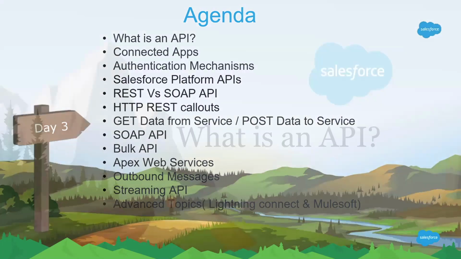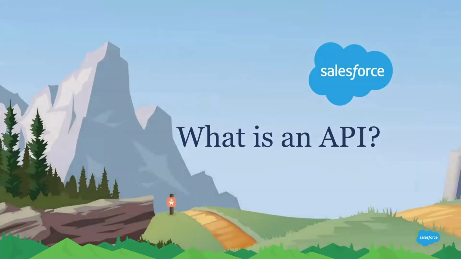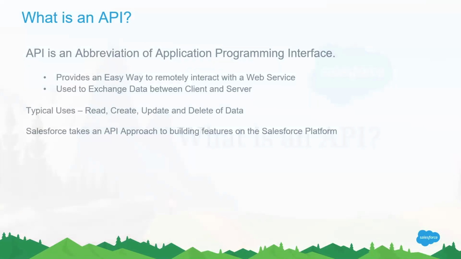So let us look into what is API. The abbreviation API stands for application programming interface. Normally the word API comes when you want to integrate the Salesforce application with any third-party application. This API provides an easy way to interact with web service.